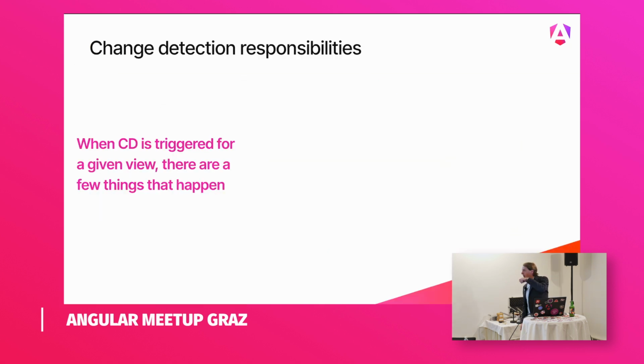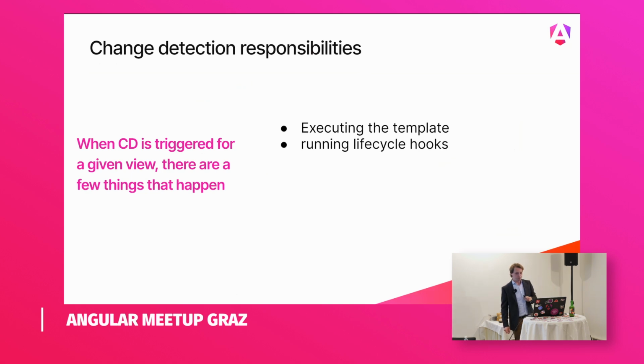So, what are the responsibilities of change detection when the framework runs it? Four points. First, just execute the template to know what to update. So the new value to put into the DOM. Also, change detection is responsible to call all the lifecycle hooks you know: onInit, afterViewInit, afterContentInit, etc. It also updates the queries.